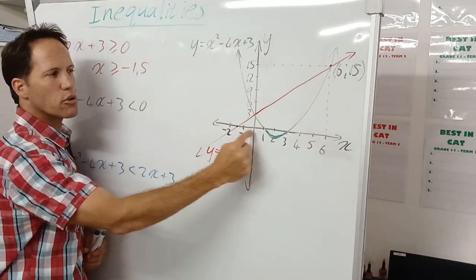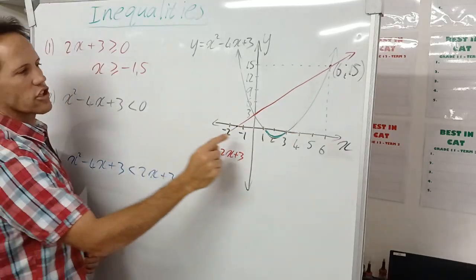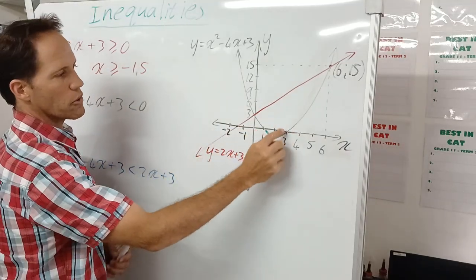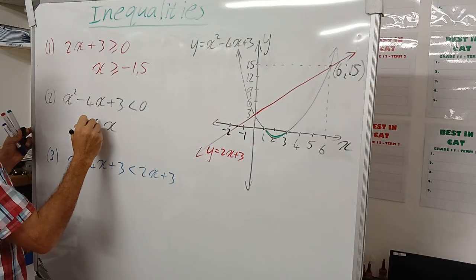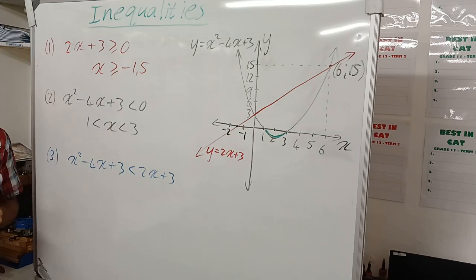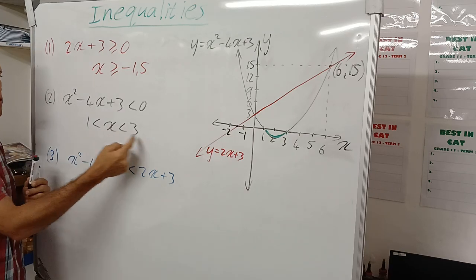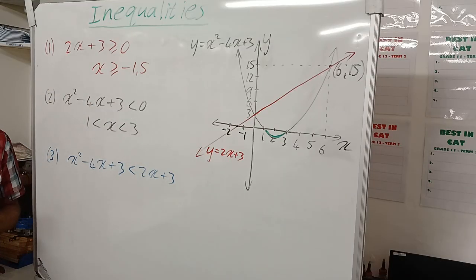It's going to be between 1 and 3. So x must be between 1 and 3. x bigger than 1, smaller than 3. Between them, my output values will be smaller than 0.